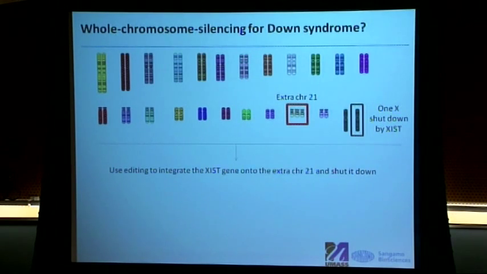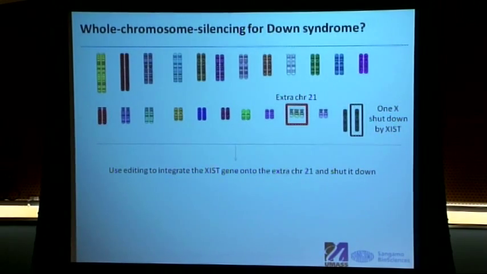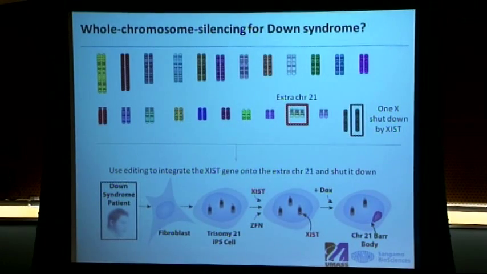And so what we decided to do was to edit chromosome 21 in cells from a Down syndrome subject, where we'd introduce into the extra chromosome 21 an inducible transgene encoding XIST. So this was the experimental plan, that we'd take these fibroblasts, we'd add, using a zinc finger, the XIST transgene to chromosome 21. This is a DOX-inducible cassette, so in the presence of DOX, we express XIST, and we ask whether we can silence that extra chromosome.